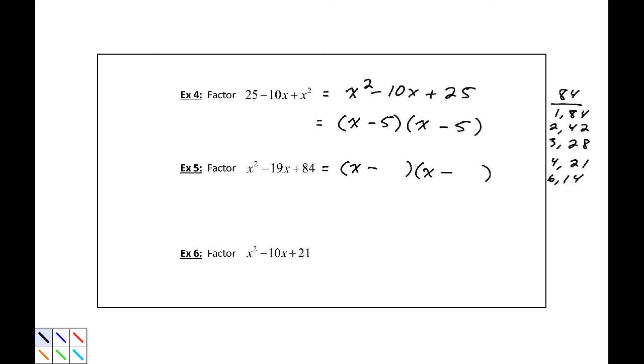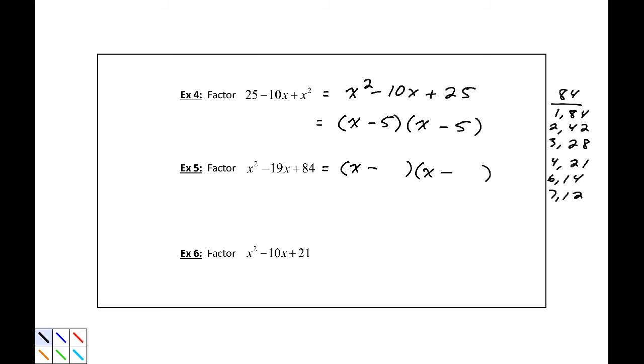Now, I may not need all of these, but can't hurt. 7 and 12. Let's see, 84 and 8. No, that doesn't work. 84 divided by 9. No. 84 divided by 10. 84 divided by 11. No. And then I get to 12, and that would be 7. Okay, so I have all my factors there.